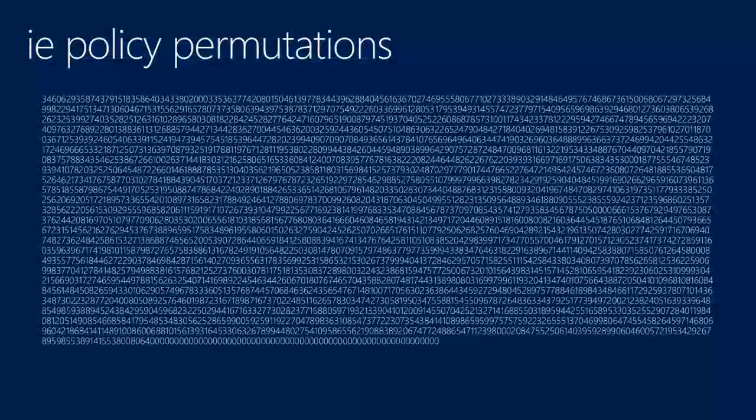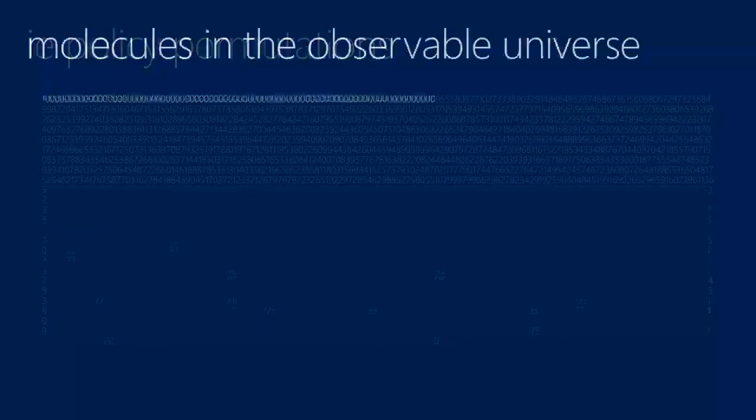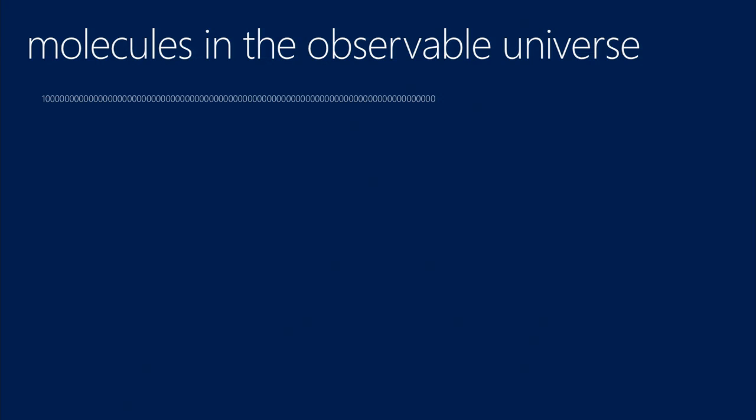Right? Here's the possible risk of that. Just taking IE alone, this is the number of possible permutations of those group policies. The actual number. I did the math, right? So you can flip it to this many different settings. By way of comparison, this is the number of molecules in the observable universe.